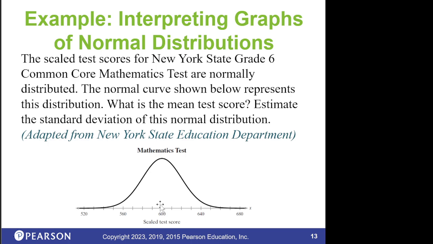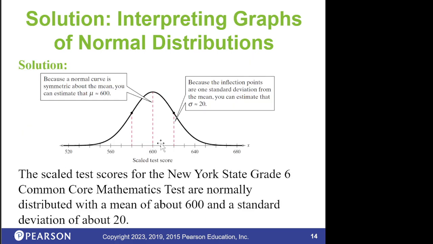It seems to turn about here. So what is that? 560, 570, 580, 590, 600. So my inflection point's about here. That's 1, 2. It looks like we have a standard deviation of about 20. And if we draw these inflection points here, we have a standard deviation of about 20.